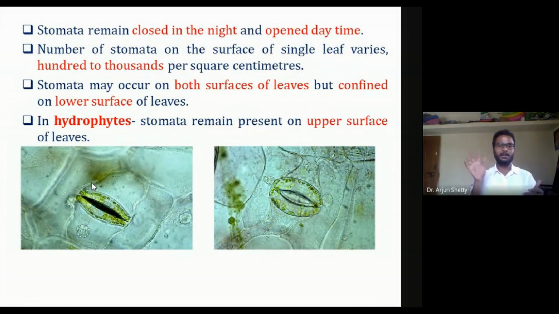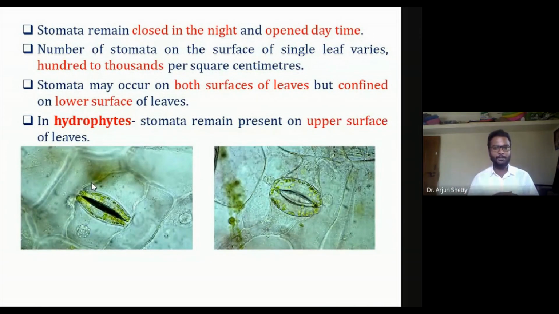It doesn't mean that the upper surface doesn't contain stomata, but their number is less. Why? Because the upper surface of a leaf is exposed more to the sunlight than the lower surface. So the gas exchange happens in greater quantity from the lower surface, and the lower surface of mesophytic plants contains more stomata.